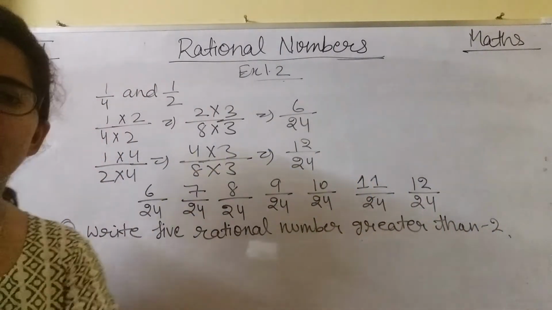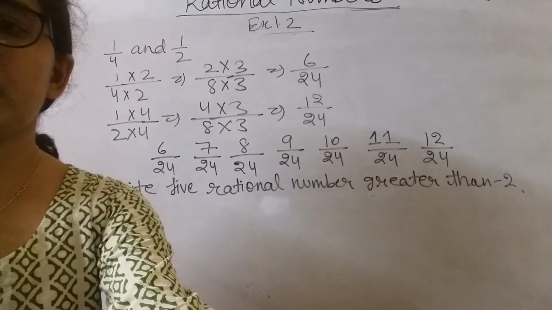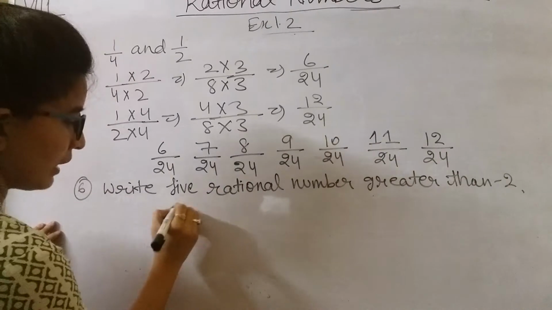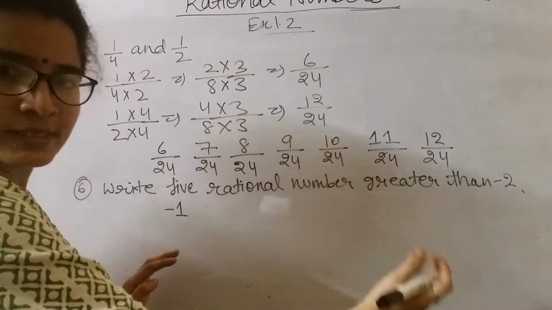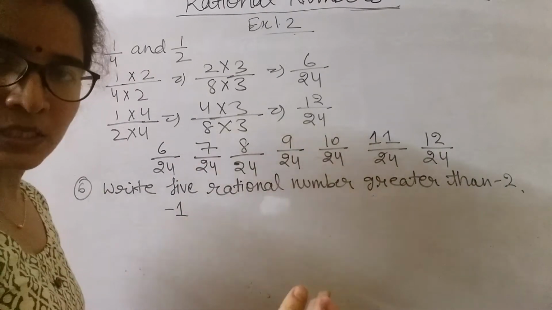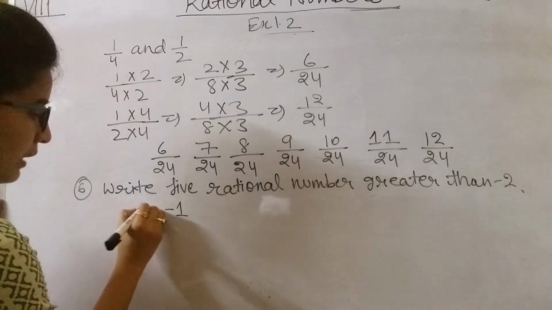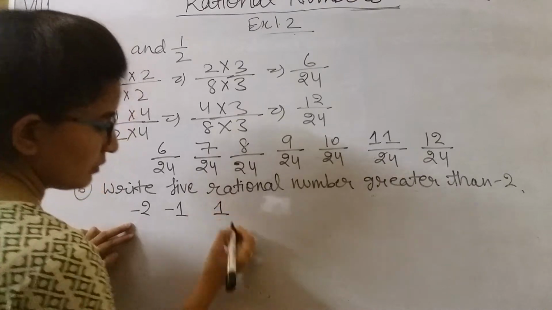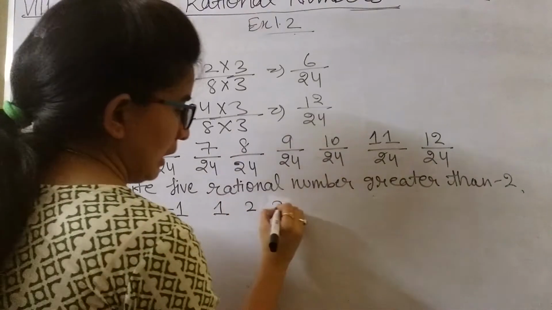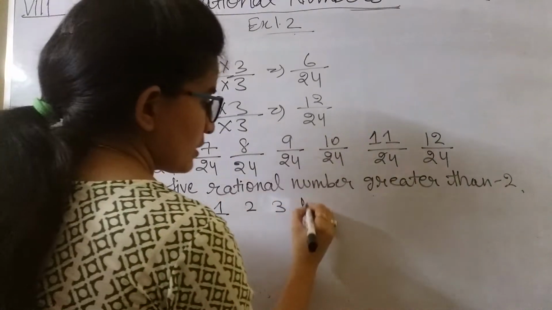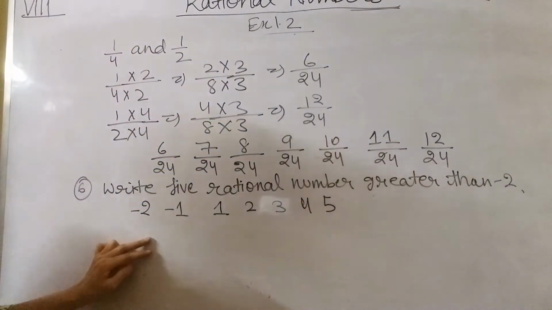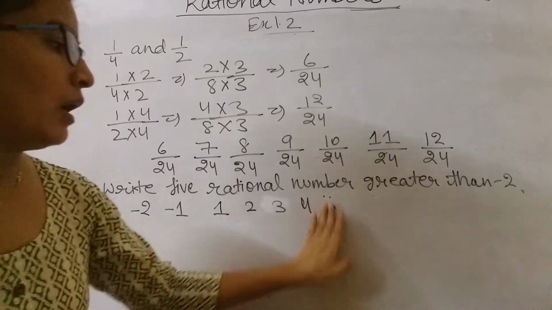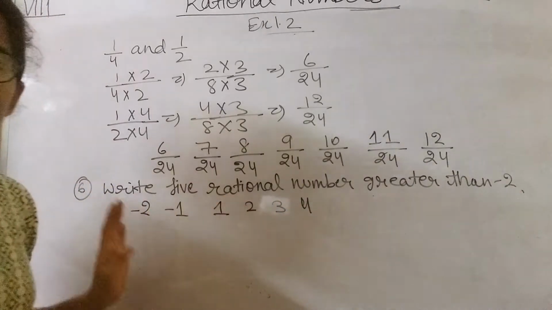Now we can see that the numbers which are greater than minus 2 are minus 1, because on the right hand side of the number line the number increases, so that will be minus 2, minus 1, plus 1, plus 2, plus 3, plus 4 and plus 5. So these are the numbers which are greater than minus 2.